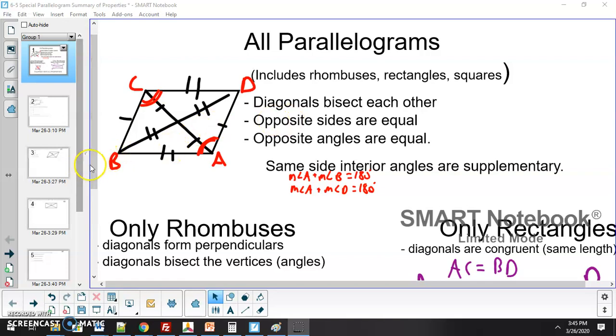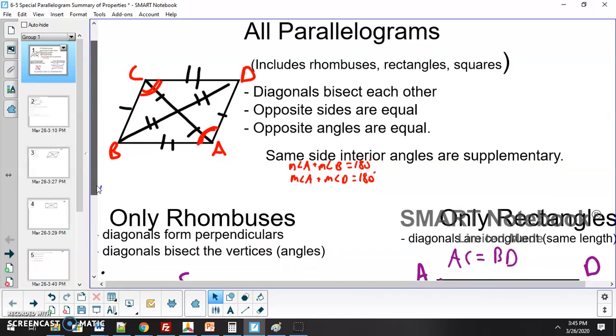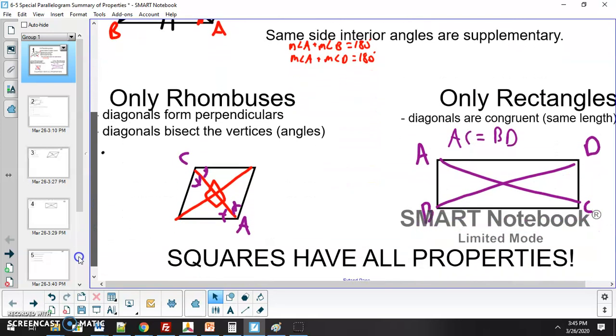Number one, the most important thing is that you see the difference between these shapes and the properties they have. This slide, which I've been showing you over and over again, is the most important thing for you to use on your test. There are properties that apply for all parallelograms, and then ones that are only rhombuses: diagonals form perpendiculars, diagonals bisect the vertices.